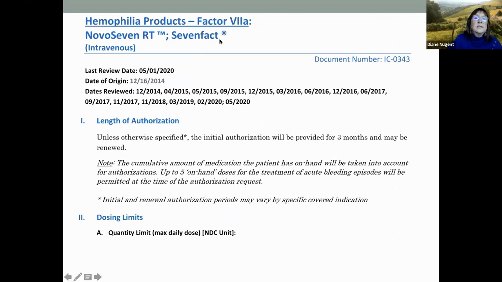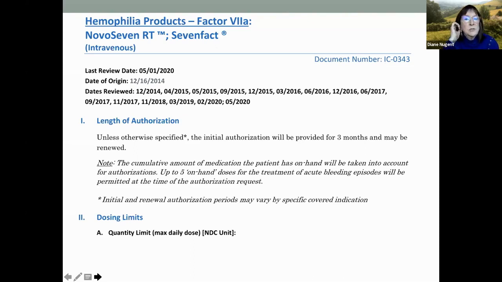So the current indication for 7-FACT is only for patients with inhibitors, with an acute bleed, and they can use that to stop the bleeding. This study that is being run by AFN starts at age 12. So if you have a child less than age 12, they do not qualify. But if you're 12 or above or an adult with an inhibitor, you would be welcome into this study.